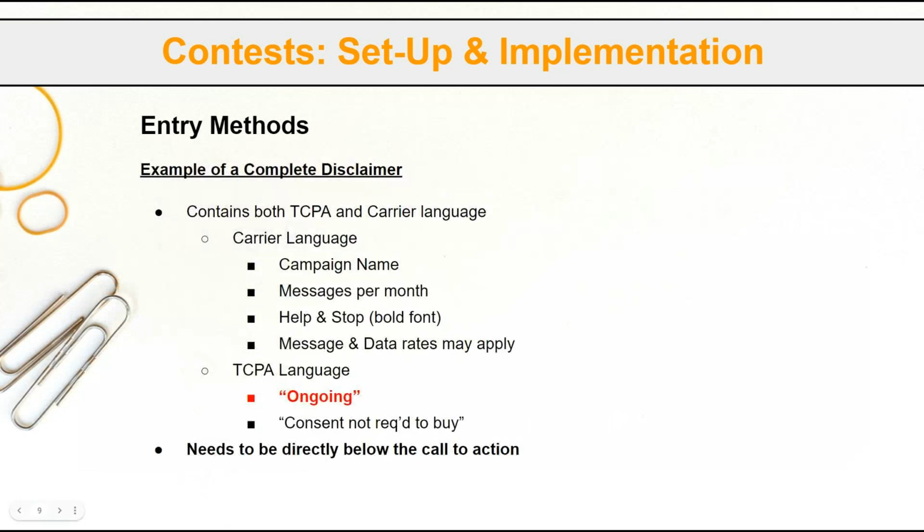The disclaimer must satisfy carrier and TCPA required language. In this case, for carrier language, you need the campaign name and how many messages they can expect to get per month for ongoing messaging. Obviously, this is going to be more than one for the initial entry. Include help and stop information, and that message and data rates may apply. In particular for ongoing programs, it needs to be very clear that they are going to be getting ongoing messaging.